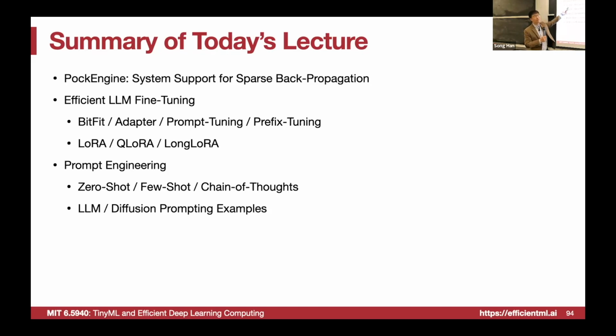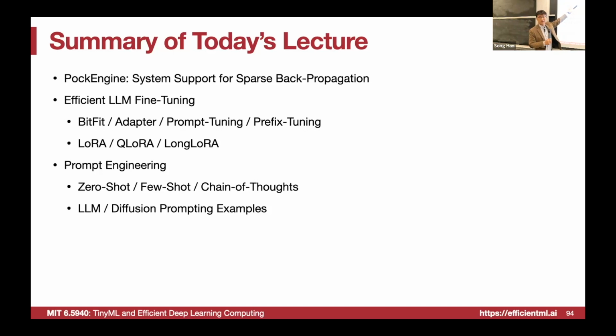So we introduced BitFit, which fine-tunes the bias; adapter, which injects a layer and only fine-tunes that injected layer; and then prompt tuning, without changing the weights themselves, just adding a prompt to the first layer, or appending a few tokens to all the layers. But those incur inference overhead. So we talked about LoRA, which doesn't have inference overhead and can be folded, QLoRA to further reduce the model size by quantization, and LongLoRA to support long context with shifted sparse attention.